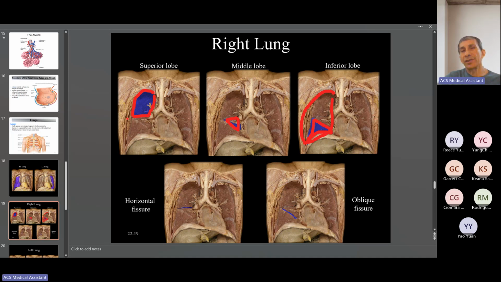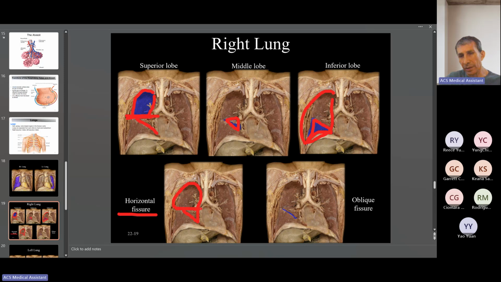Now, there is a membrane that separates these lobes. So the one that separates the lungs right here, the upper from the middle, is called the horizontal fissure. It is this one, see? The horizontal fissure, because it separates this superior lobe from the middle lobe.